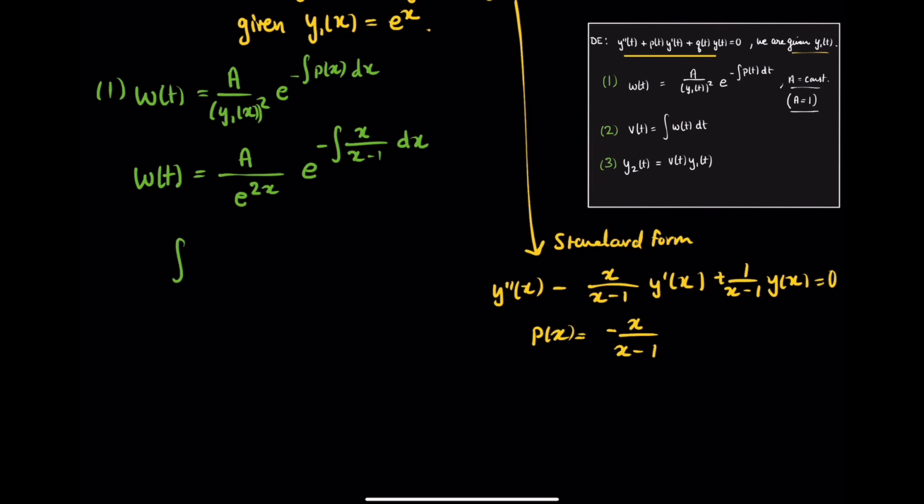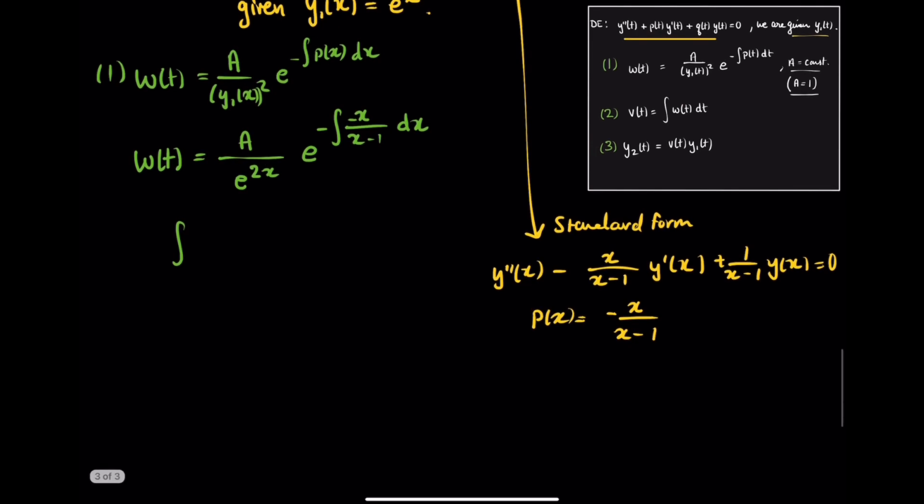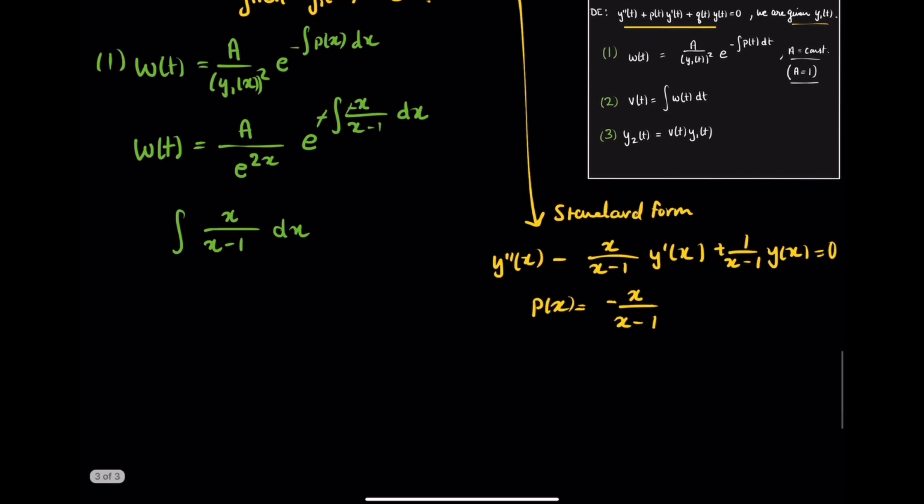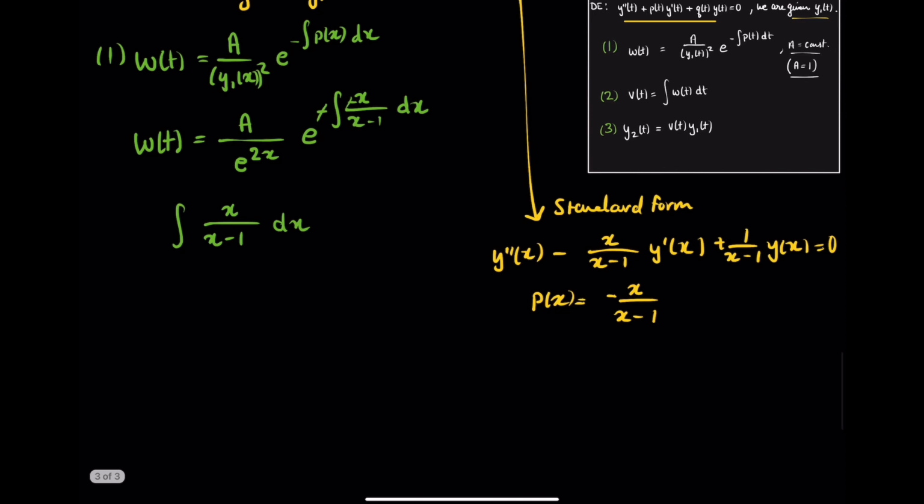So what can we do? Well, p(x) is -x/(x - 1), and the two negative signs will cancel, leaving x/(x - 1) dx. So we're going to have to do some trickery to make sure that we can solve this integral.